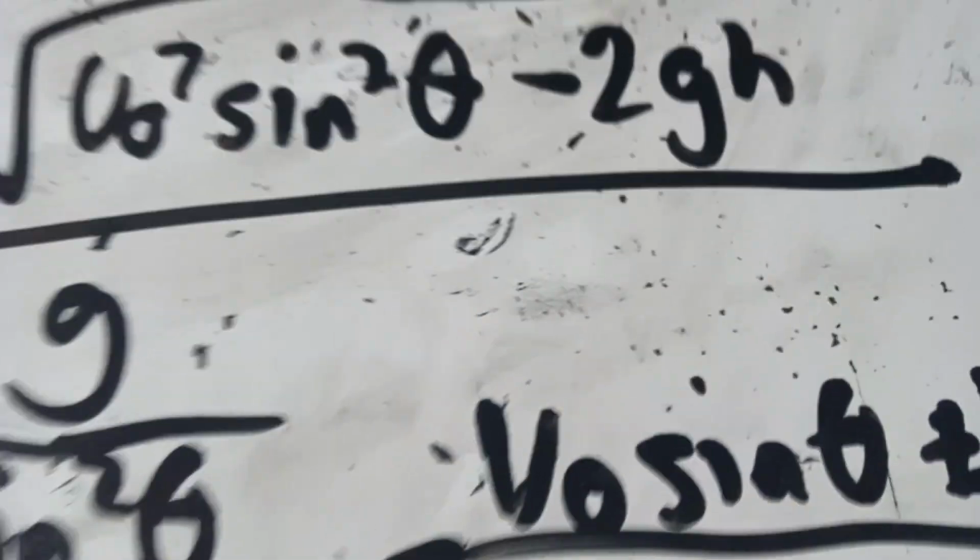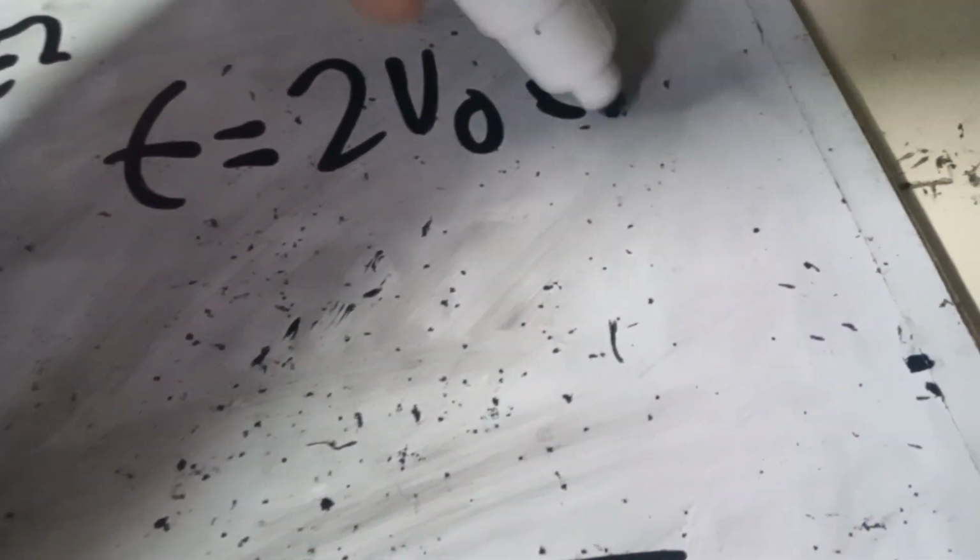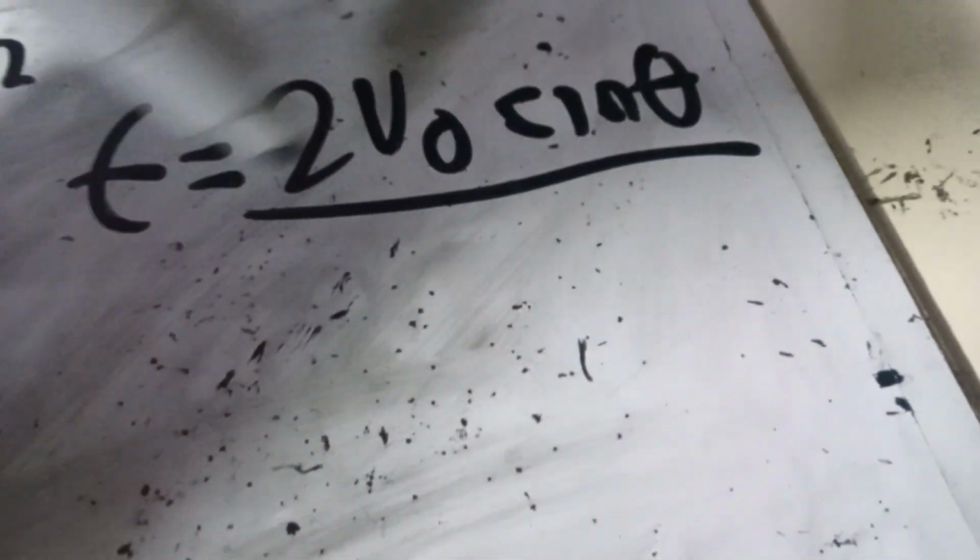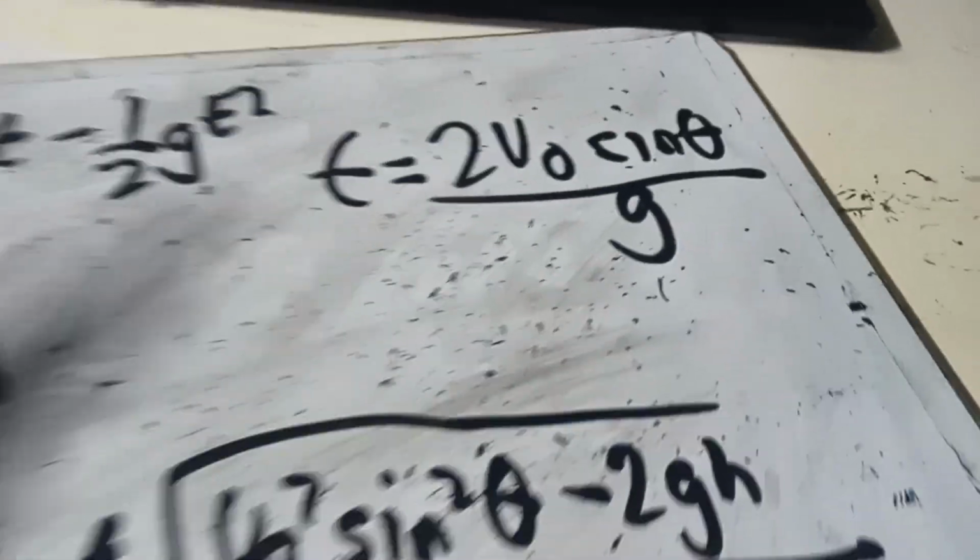So that means time is equal to 0, which is the other point, or the start. So your formula to get the time when it hits the ground is 2 v naught sine theta over g. That's for when it hits the ground.